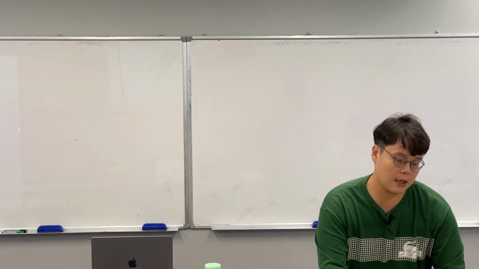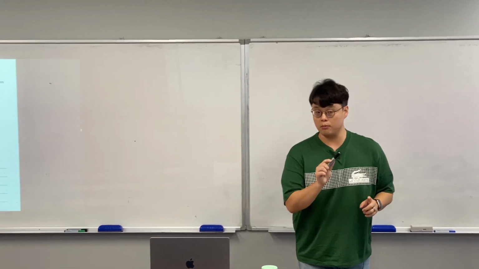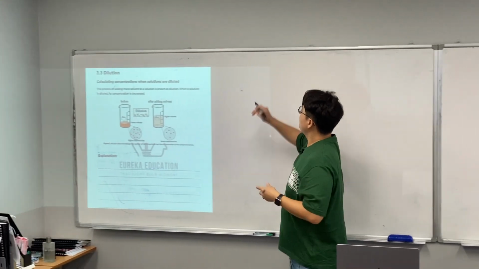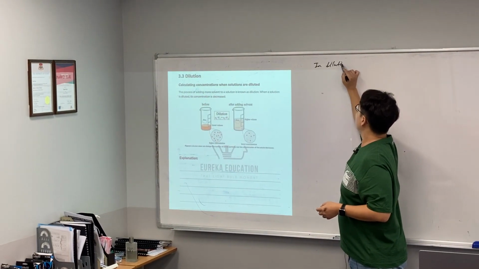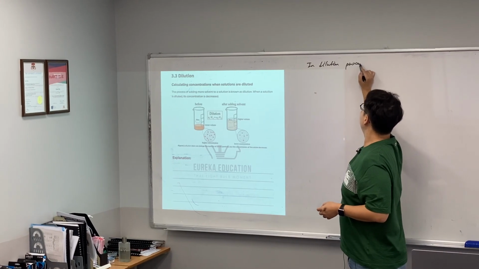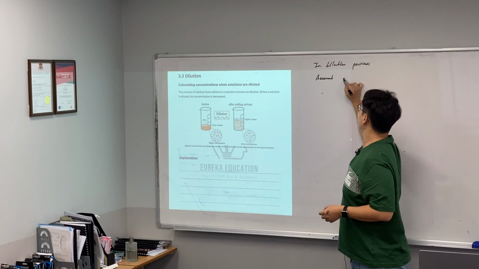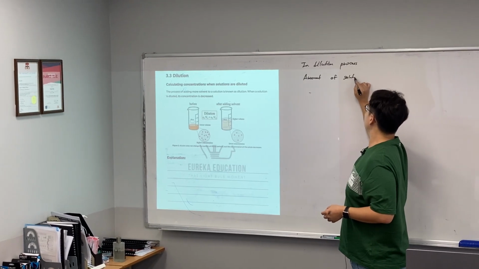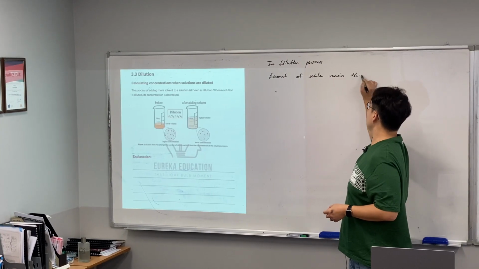So this is the main thing when we're talking about dilution again. In terms of the number of moles, we believe that in the dilution process the amount of the solute remains the same.